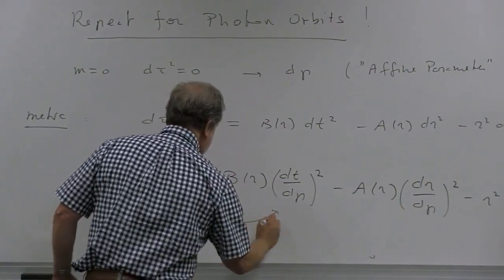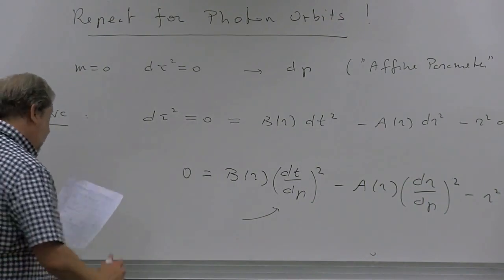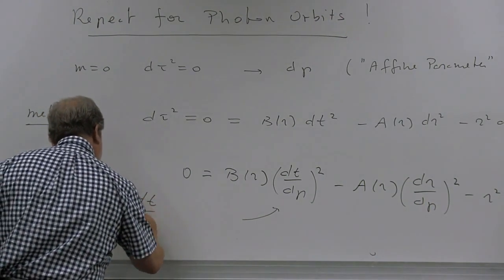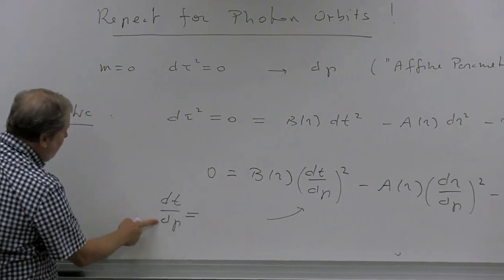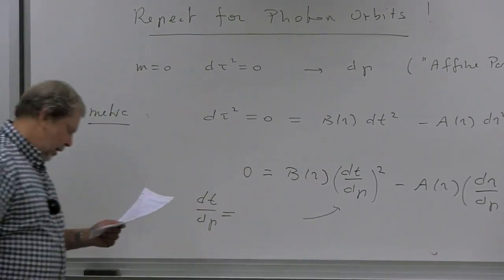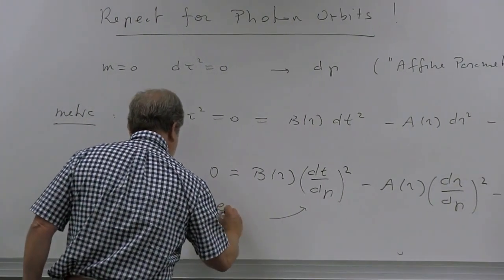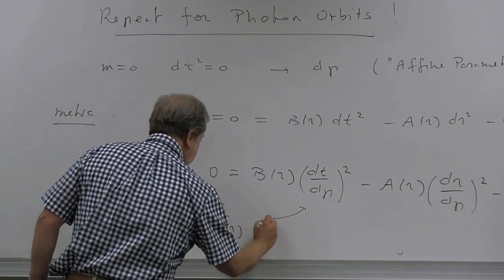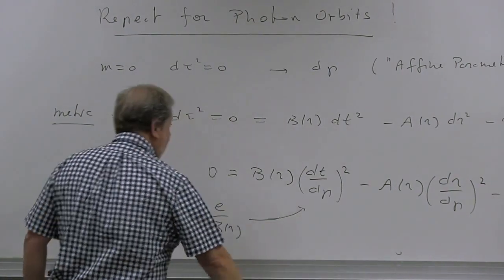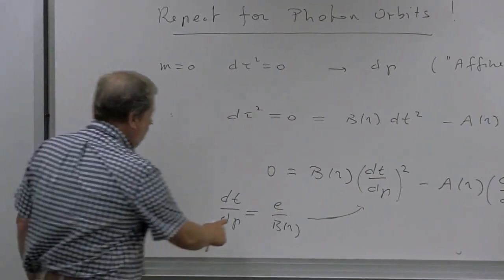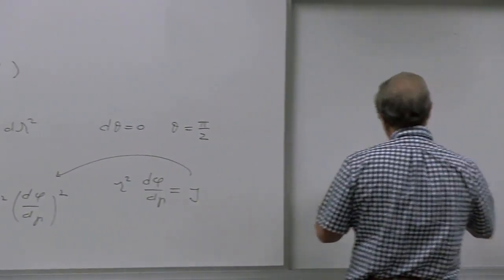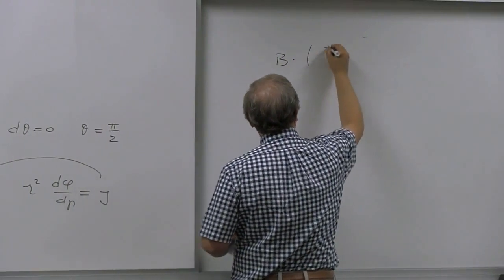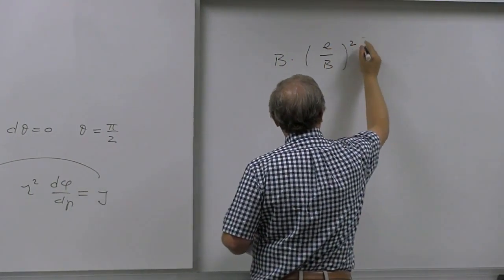Right? So the other thing we want to use is the other constant of the motion: dt by dp. Remember, we had that before as well, except we had dt by d tau is equal to e over b, and here we have dt by dp, which is e over b of r. Right? So that goes in there as well. So one constant of the motion, second constant of the motion, and that leaves us with b times e over b squared.